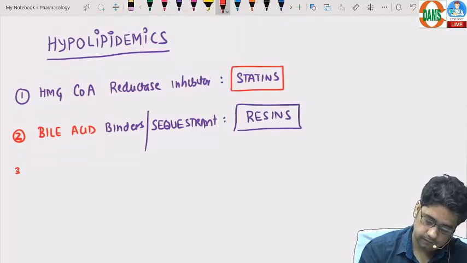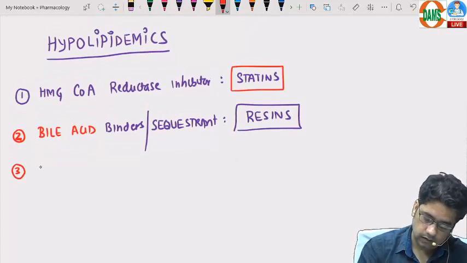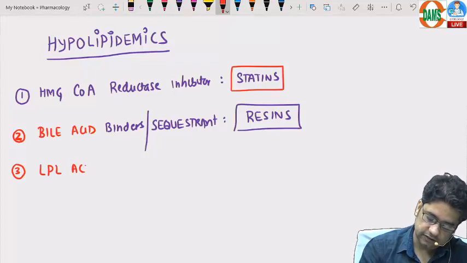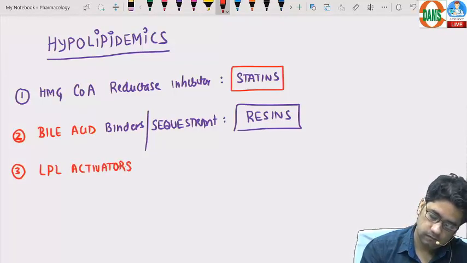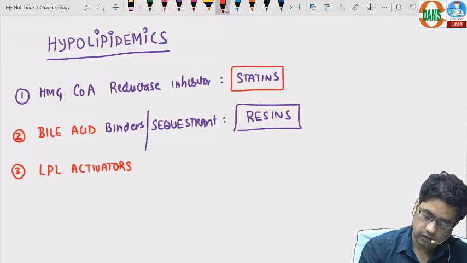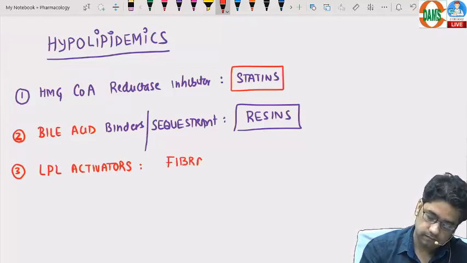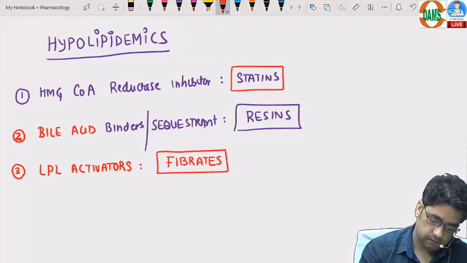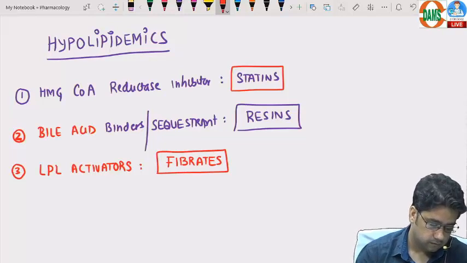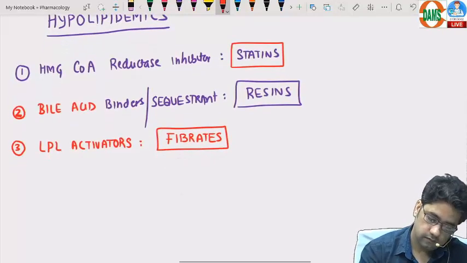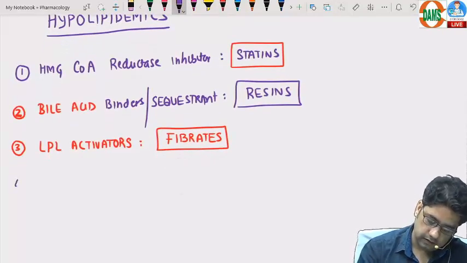Third, lipoprotein lipase activators. These drugs are known as fibrates. Lastly, one vitamin.